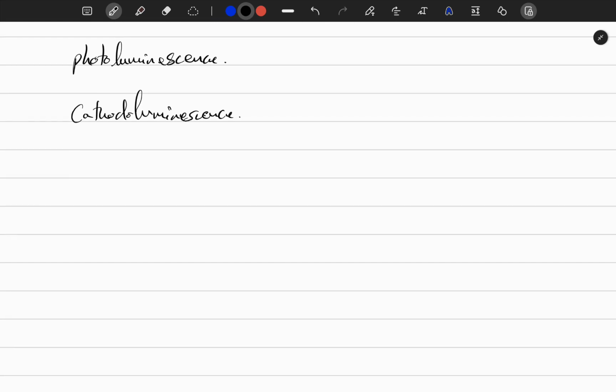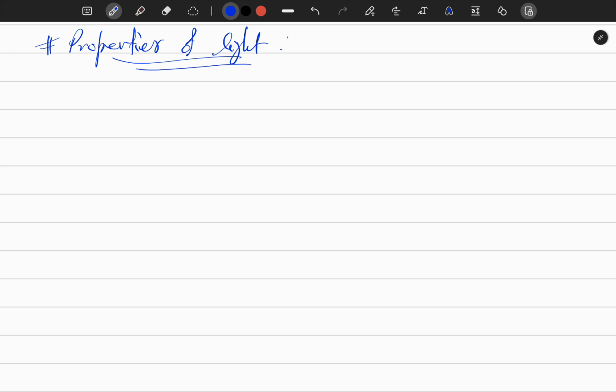So now we will discuss some properties of light. The first property that we are going to discuss is reflection of light.